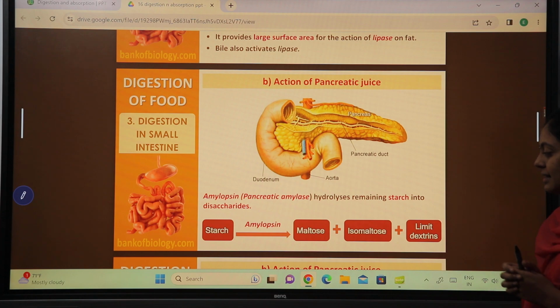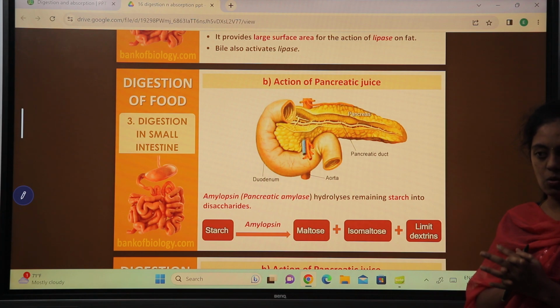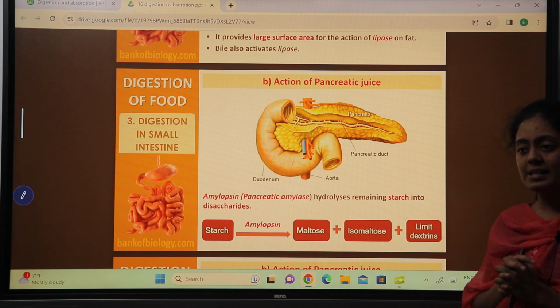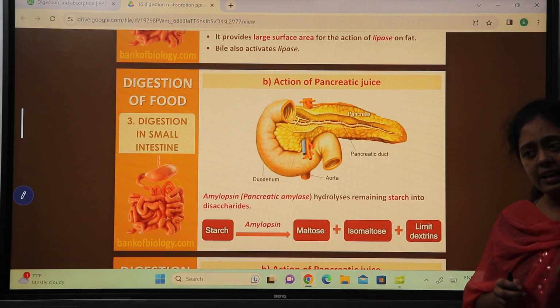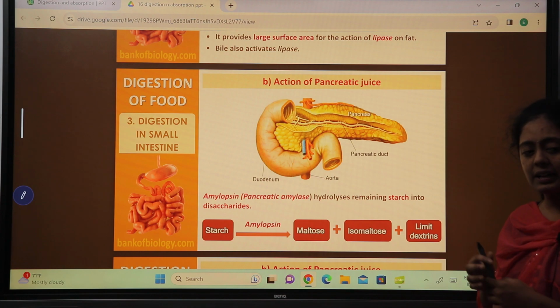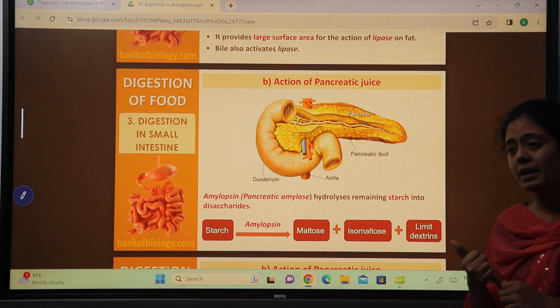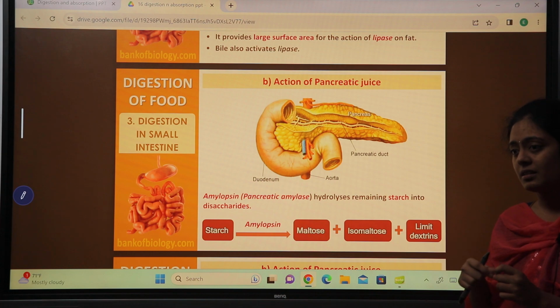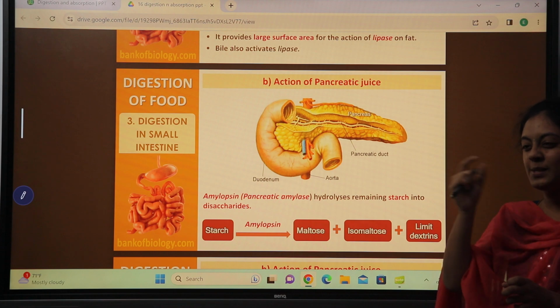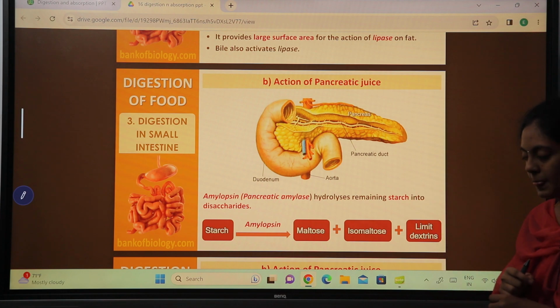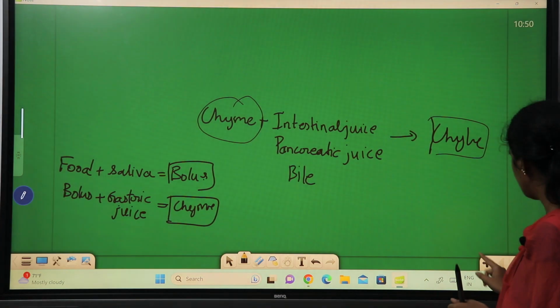Next, let us try to understand the proteases. Which proteases are present in the intestine? Just now I told you: trypsinogen, chymotrypsinogen and procarboxypeptidase. Clear? Can I continue? What are the proteases present in the stomach? Pepsin and renin, or you can say pepsinogen and prorenin. If you want, you can write it down.